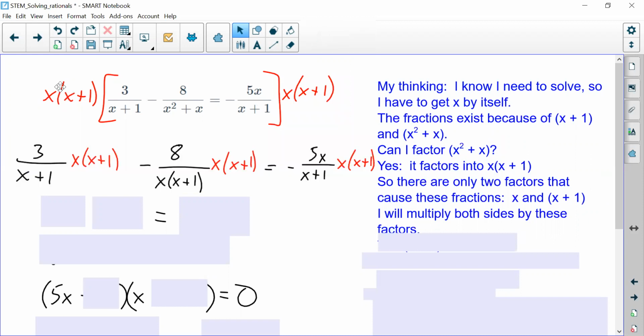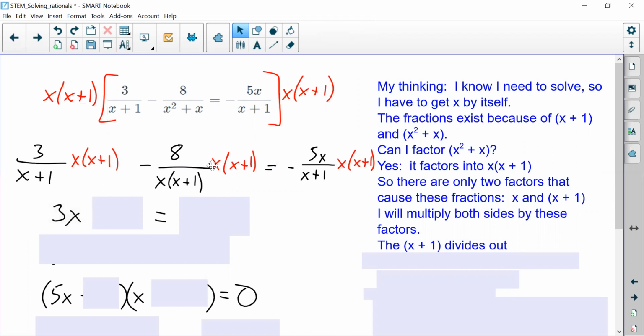So I distribute x times x plus 1 to this fraction, to this fraction, and to this fraction. 1, 2, 3. Now what happens here? Well, your 3 is being divided by x plus 1 and also multiplied by x plus 1. So the x plus 1s cancel out, or they divide out. And I'm just left with 3 times x.